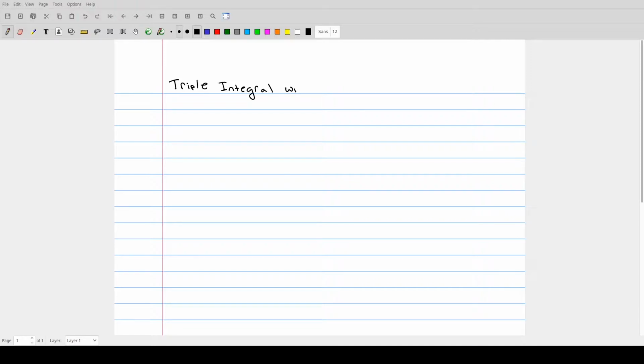With a rectangular domain. So we've talked about how in the last class, if we have a given triple integral over some rectangular domain, we can denote this as saying x goes from, say, 1 to 4.